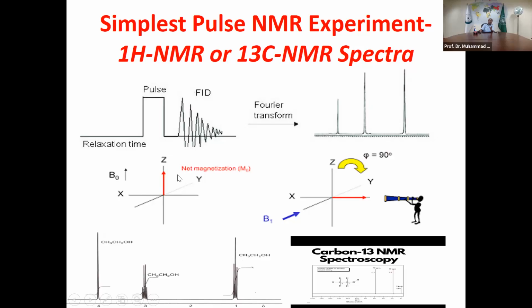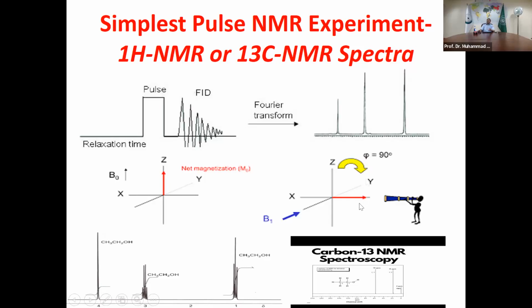And the same thing is represented by a vector diagram. So this is the B naught direction, this is the Boltzmann distribution axis, net magnetization, bulk magnetization vector, longitudinal axis. You give a 90 pulse B1, and that you get, this is from the Y, and that doesn't matter.